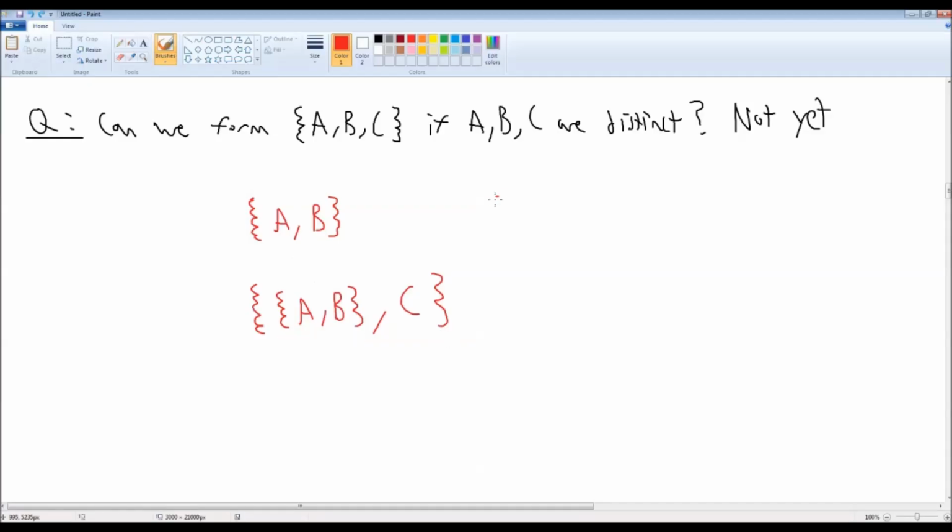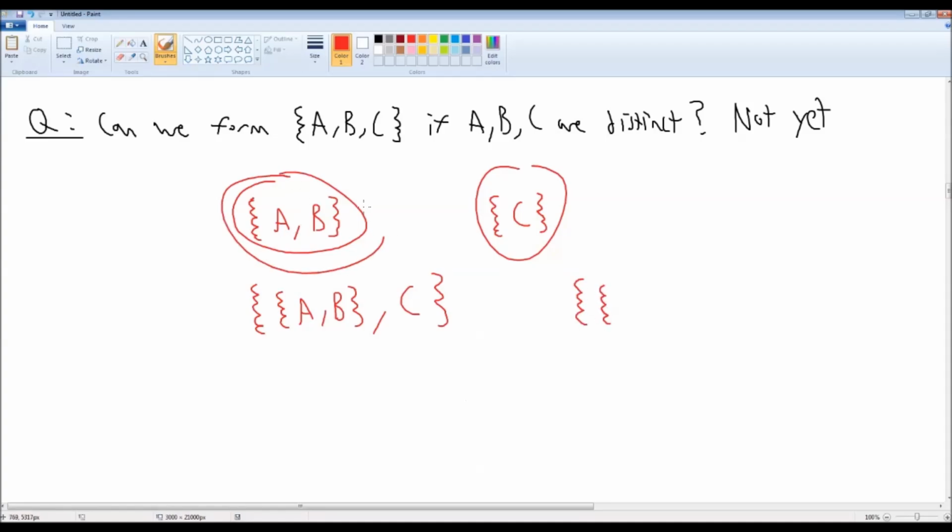Or similarly, you could form the singleton containing C by the axiom of pairing, and then make a pair consisting of this guy and this guy. And if you did that, you would get a pair consisting of our first element is this guy, A comma B, and our second element is this guy, the singleton containing C. Okay. But notice that this is still just a set with 2 elements, this guy and this guy.